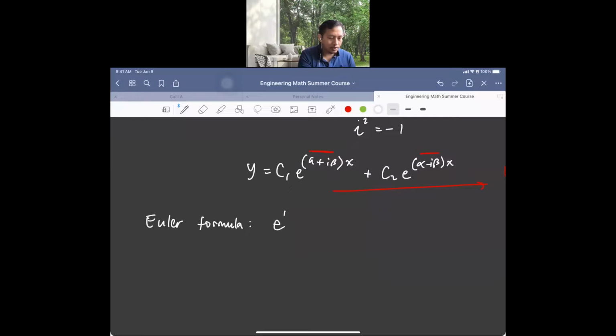But let me just say, if we have the Euler formula, that is, if we have e to the power of i theta, this will equal cosine theta plus i sine theta, where theta is any real number.